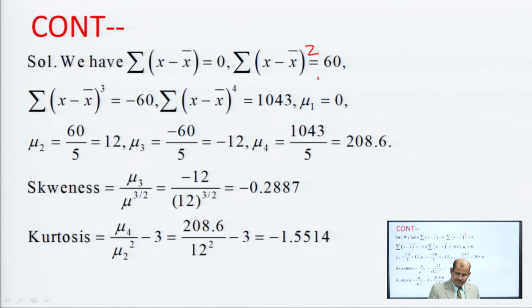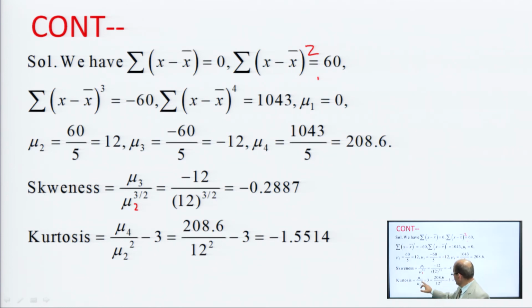Skewness is equal to mu 3 divided by mu 2 raised to power 3 by 2, which is minus 12 divided by 12 raised to power 3 by 2, so we get skewness is negative.